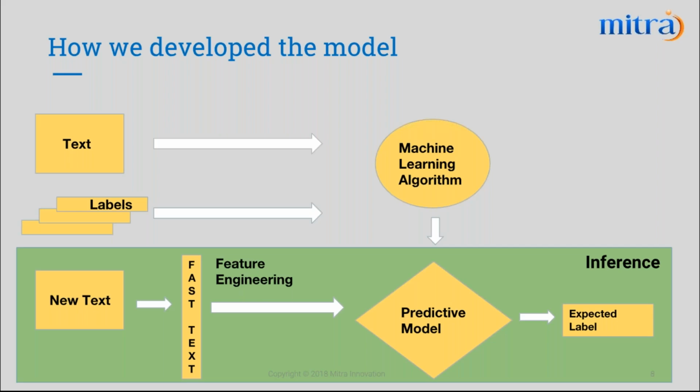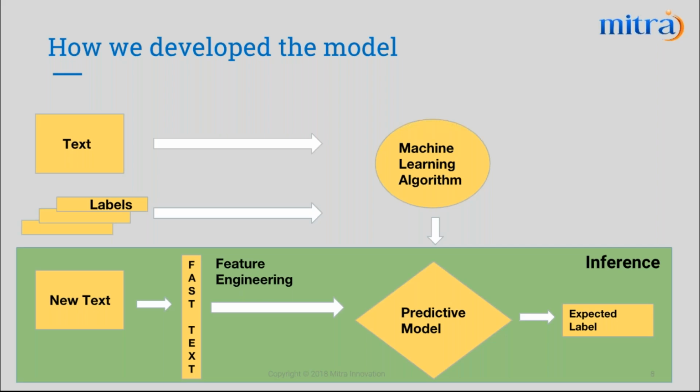You have the training text, which is the input text through which our supervised learning model is able to learn and predict the required classes. If you look at the labels, we have 6 labels: toxic, severe toxic, obscene, threat, insult, and identity hate. We have the machine learning algorithm which we use to create the model. If you want to test with your own data set, you just have to feed it.